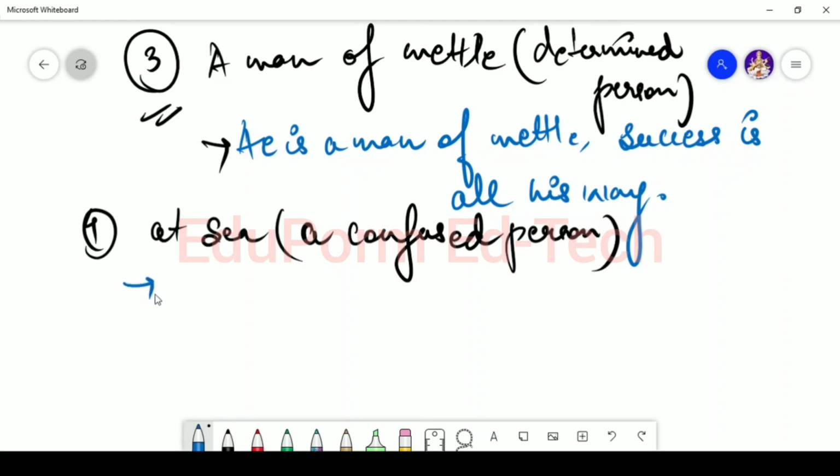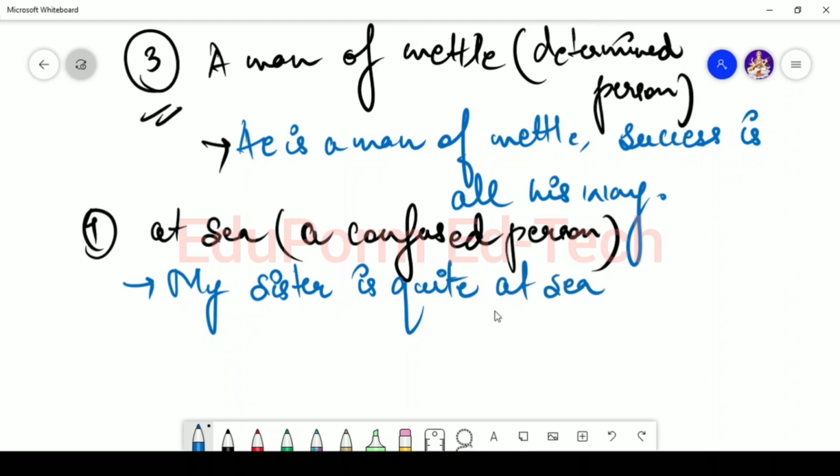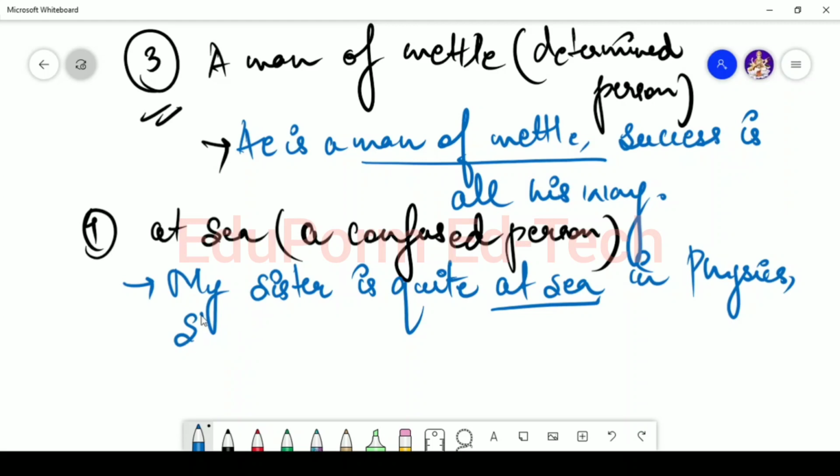Let's say for example, my sister is quite at sea in physics. She cannot solve a single problem.